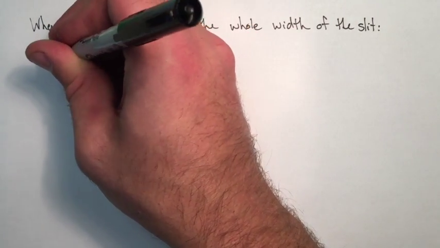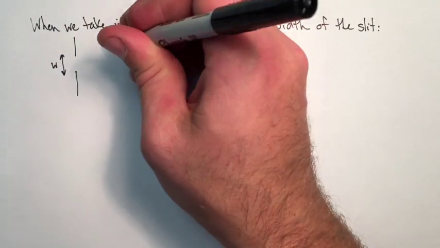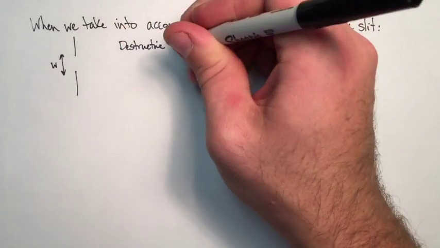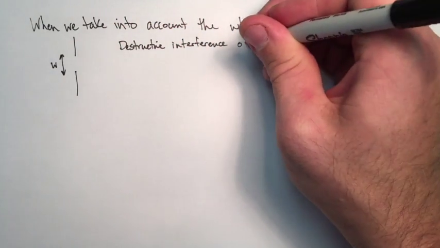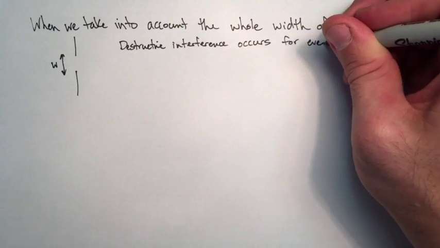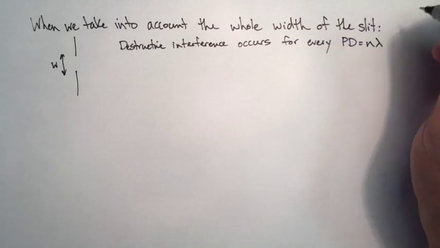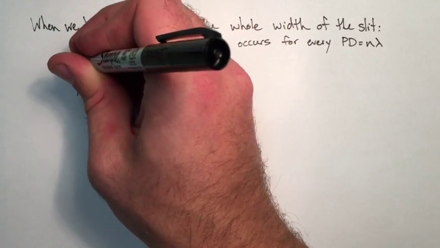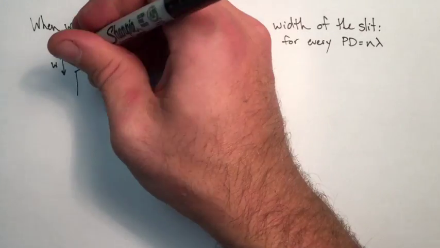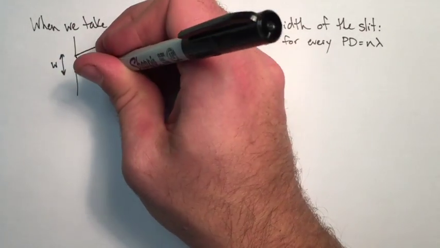So here, let's just arbitrarily draw a slit of width W. We're going to notice that if we take into account the whole width of the slit, destructive interference will occur for every path difference of a lambda, or any multiple of a lambda.